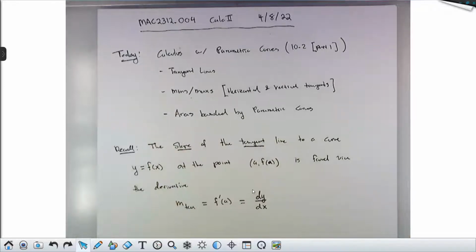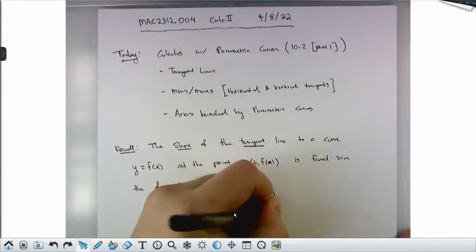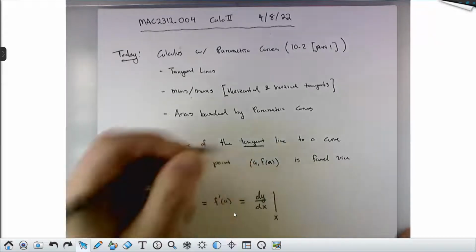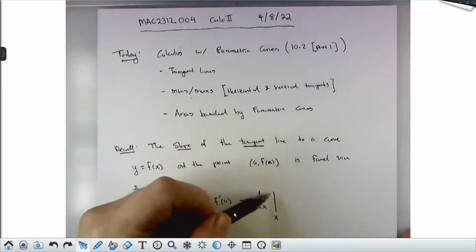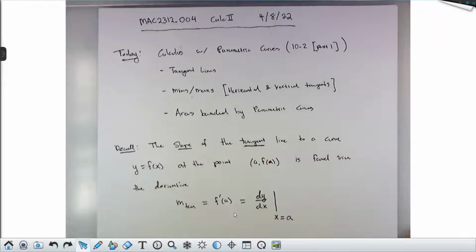The issue here is that dy dx is f primed of x, not f primed of a. So if you want to use that notation, we need to say we're going to take this derivative and evaluate it. This vertical line in mathematics just stands for evaluated at x equals a. Right, so this is the underlying framework from Calc 1 that we're going to build upon.